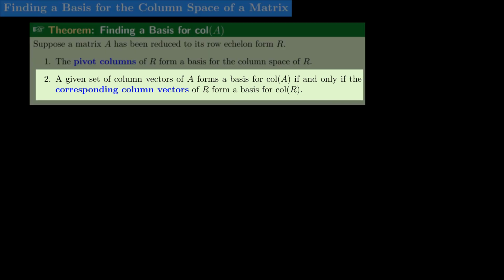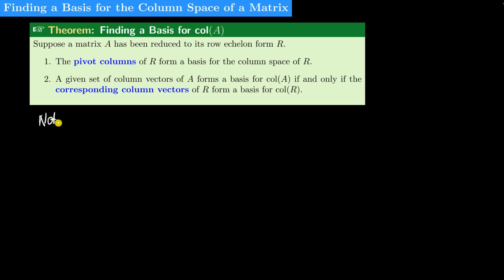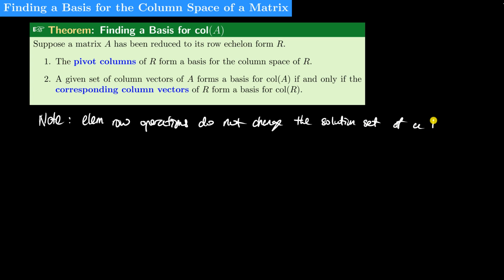For point number 2, a given set of column vectors of A forms a basis for the column space of A if and only if the corresponding column vectors of R form a basis for the column space of R. To understand why this is true, first we note that elementary row operations do not change the solution set of a linear system Ax equals 0.